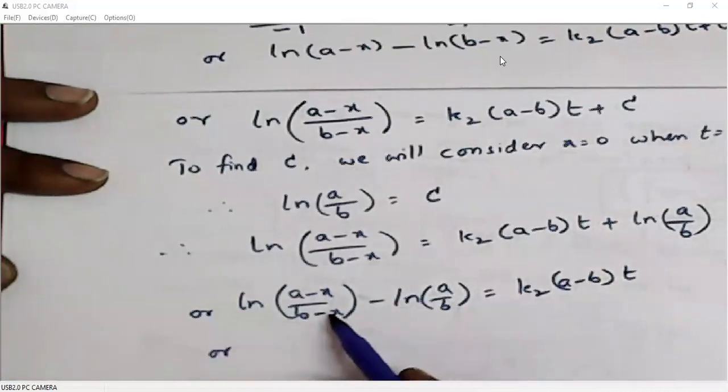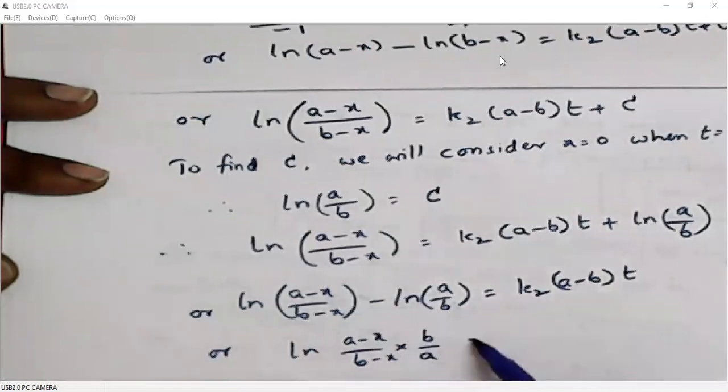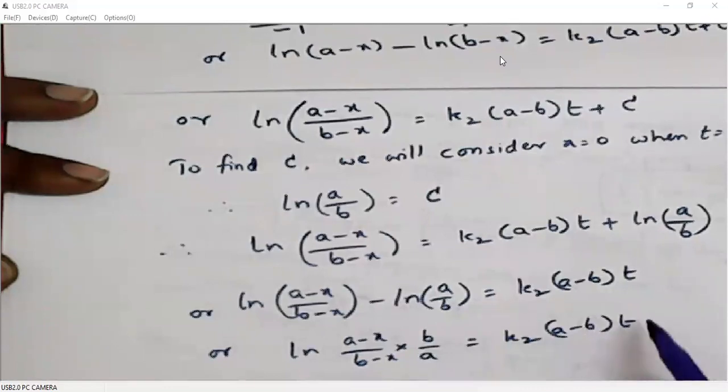Again it is log a minus log b, so we can further simplify it. ln (a minus x) by (b minus x) whole divided by a by b, so it becomes b by a, is equal to k2 into (a minus b) into t.